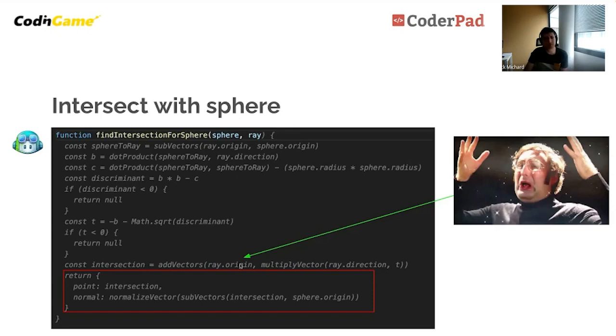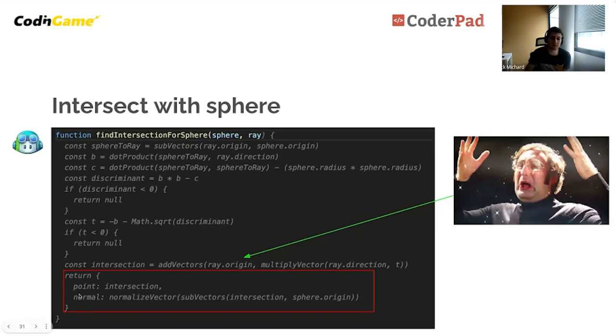So this is actually pretty good. I'm just missing some properties that will be useful later that I will add myself, which is the object itself, the sphere. It's useful to have it in the intersection. And also the distance, so I will put the distance directly into that object.